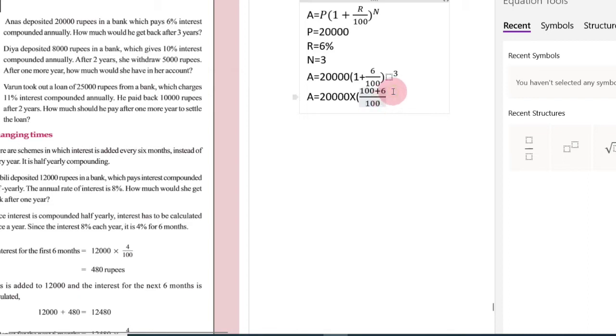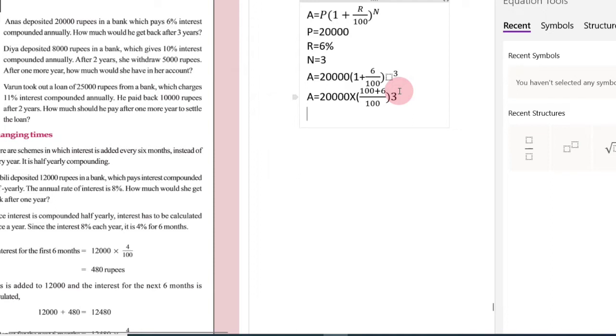Then raised to 3. Okay, how do we calculate that? What about 106 by 100? 100 plus 6 is equal to 106.